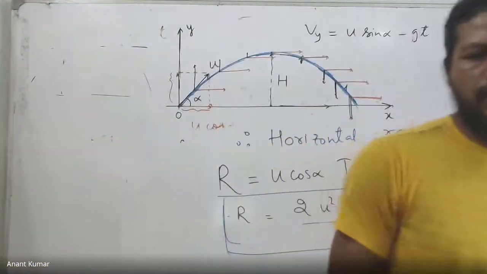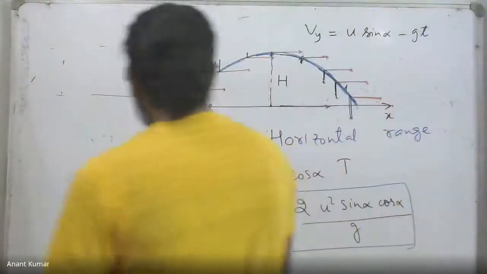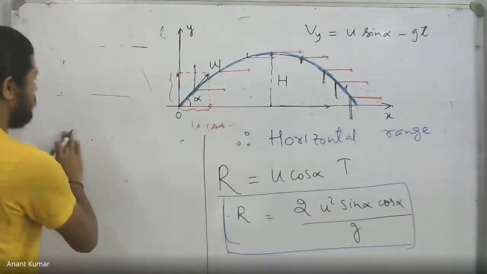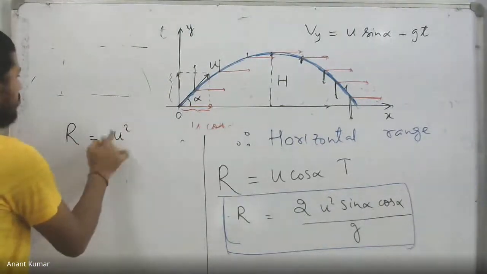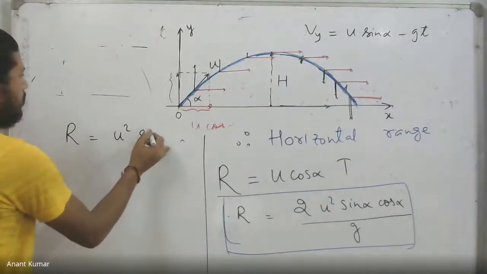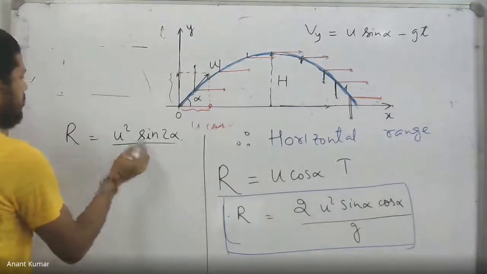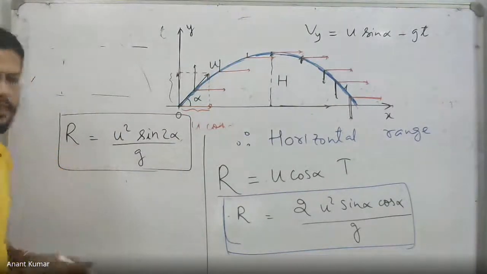For example, I could utilize the trigonometric identity. Twice sine alpha cos alpha is nothing but sine 2 alpha. So this can be written down in a shorter form as u square into sine of 2 alpha divided by g. That is also the expression for the range.